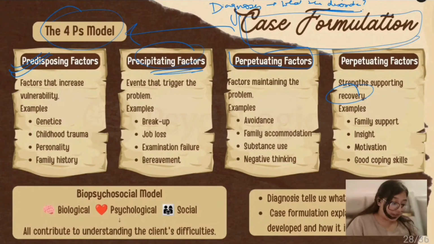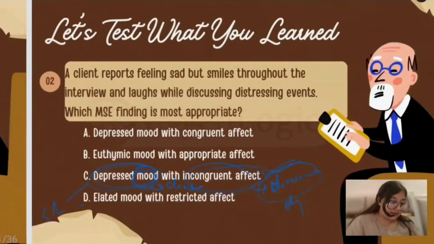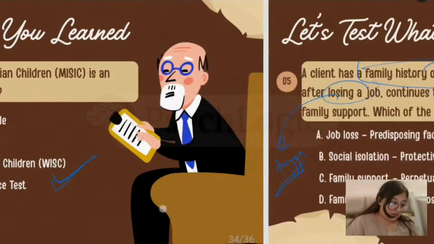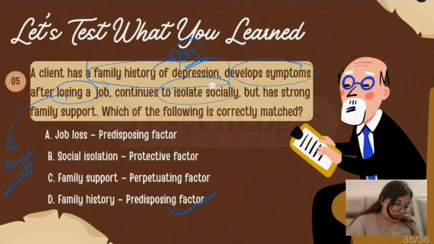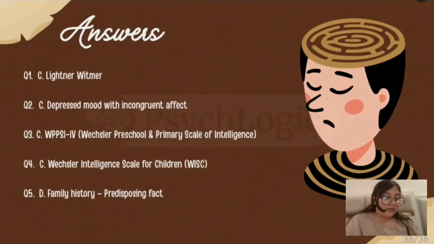Oh, sorry, precipitating factor, right? And continuing to isolate socially, it would be your perpetuating factor. And then strong family support would be your protective factor. Okay, I have given the answers here as well for your reference.